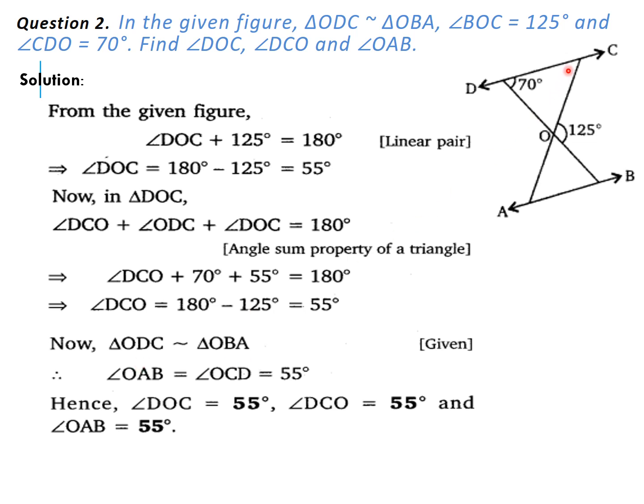So here, if this is angle C of ODC, angle C is equal to angle A of the other triangle. So these two angles are equal. Since we have already got that OCD or DOC, that is the same thing, that is equal to 55 degrees, therefore angle OAB right here will be equal to 55 as well. Hence we can write down the value of all the angles.